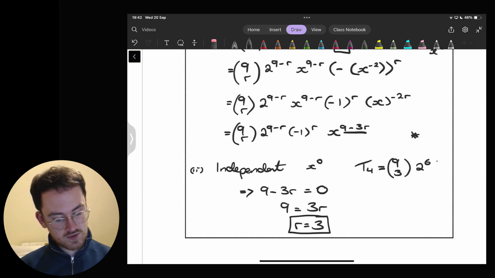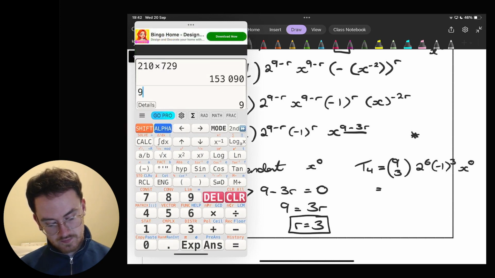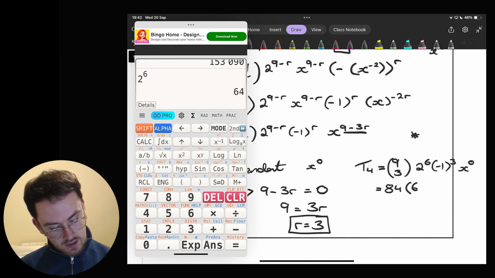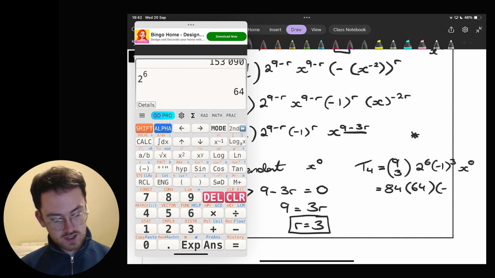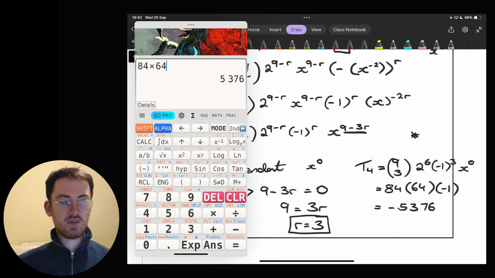So 2 to the power of 6, minus 1 to the power of 3, x to the power of 0. 9 choose 3 is 84. 2 to the power of 6 is 64. And minus 1 to the power of 3 is going to be minus 1, so I'm going to get a negative answer. 84 by 64 is minus 5,376 as my answer there.